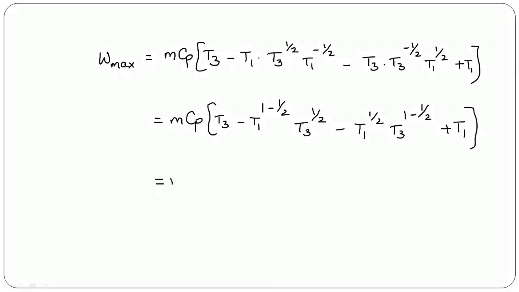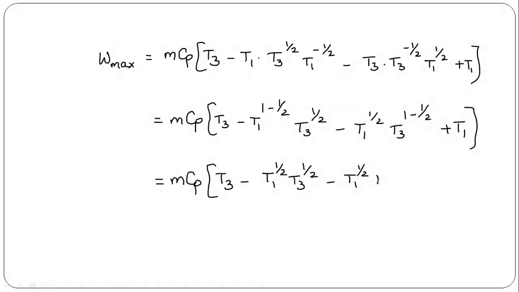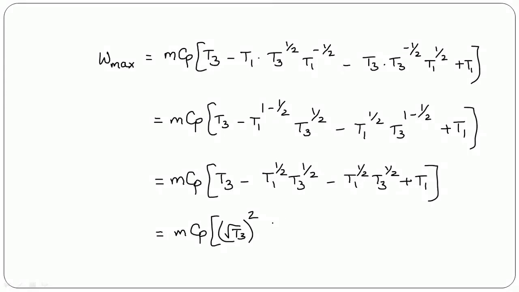So finally we can write this as mCp into T3 minus T1 power 1 by 2 T3 power 1 by 2 minus T1 power 1 by 2 T3 power 1 by 2 plus T1. Now this can be written as mCp into under root T3 whole square minus 2 root T1 root T3.